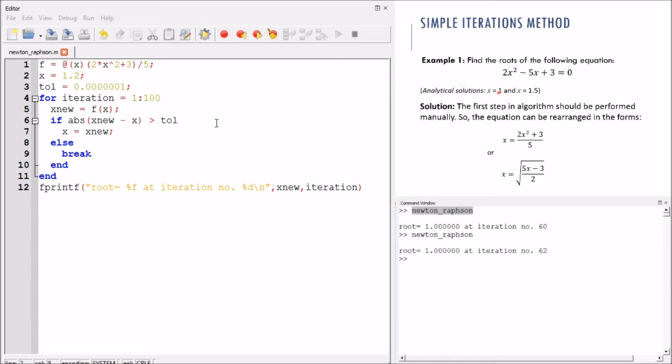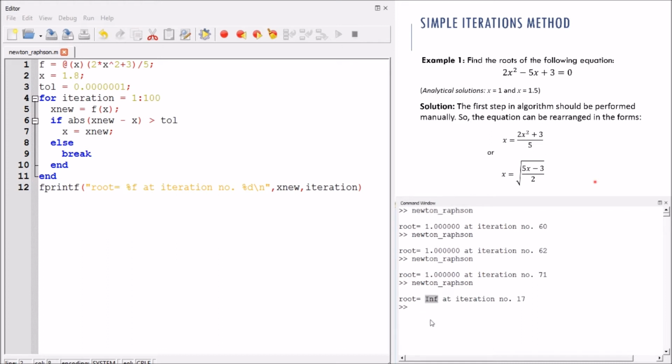And we run the code. So 1.2 gave us the same root 1. Let's use 1.4 again, although it's closer to the second solution. Let's use 0.8, infinity. So we see here that the value is infinity.